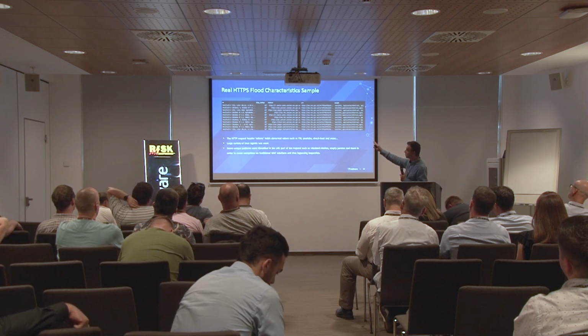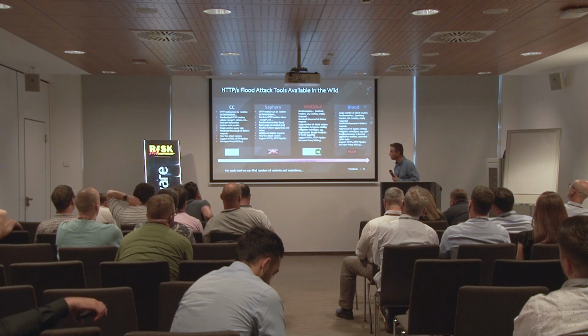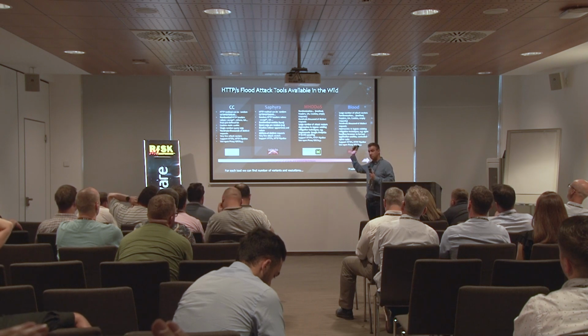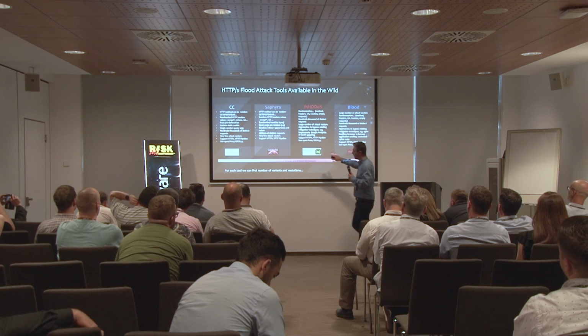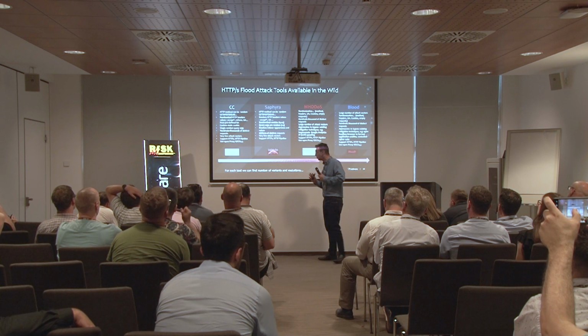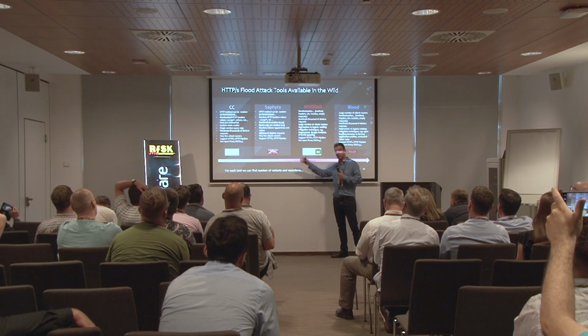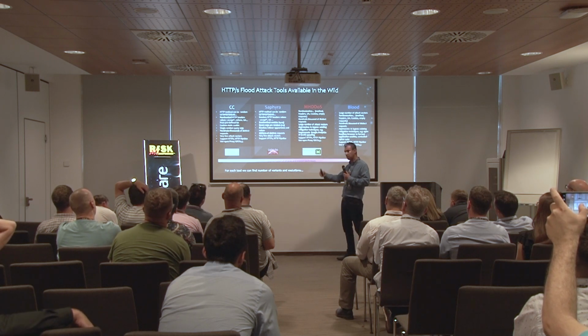Okay, so this is the HTTP flood attribute characteristics sample. And this is what we see in terms of tools. These are attack tools, CC, and others. And we will see now how this tool is really doing it. We see also some variants and mutations already based on these tools. So these tools are in the wild, but we see they are developed.